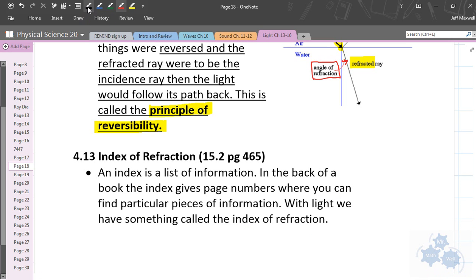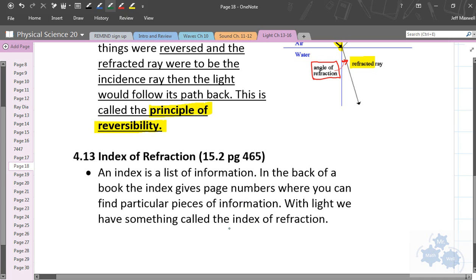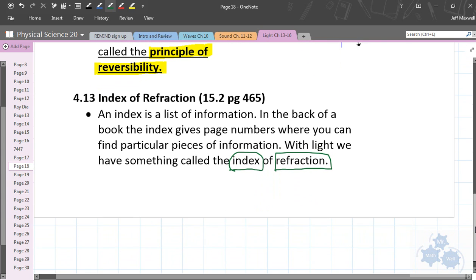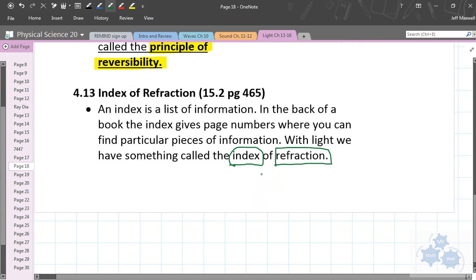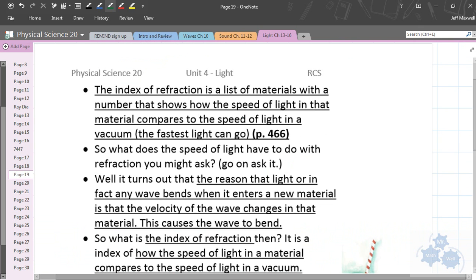So if we put those two things together, the index is a list of information regarding refraction or refracting rays, or the angle of refraction. So that's what index is. It gives us information on different materials and how they refract light.